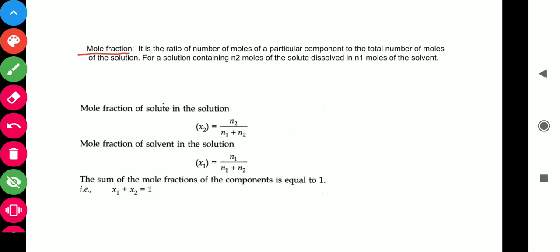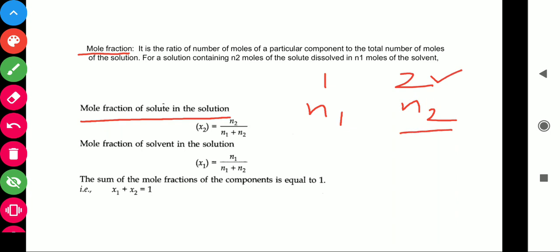If the solution has two components, 1 and 2, and their moles are N1 and N2, then what is the mole fraction of solute? If N2 is the moles of solute, then the mole fraction of solute is N2 upon total moles, that is N1 plus N2.